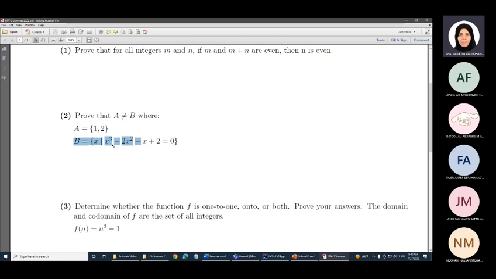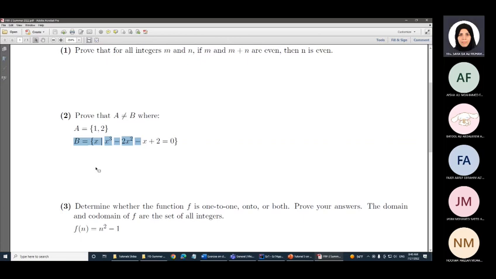By checking everyone. If you find that one set contain an element that is not in another set, معناته they are not equal, and you give the counterexample, which element is here but not there. If they are equal, you should check that A subset of B and B subset of A. You have to check every element in A is in B and every element in B is in A.